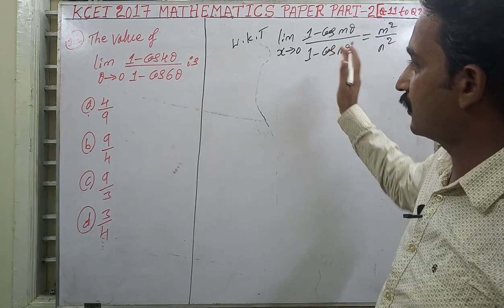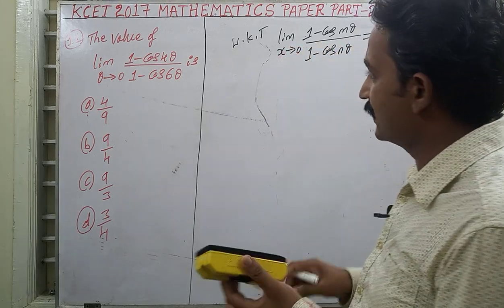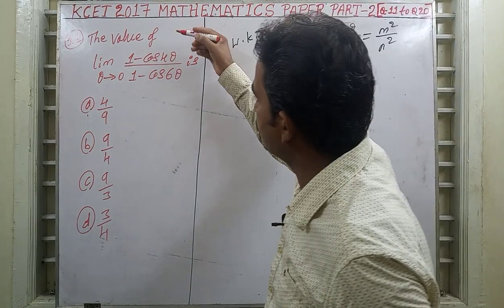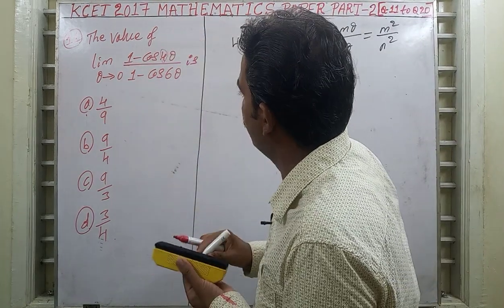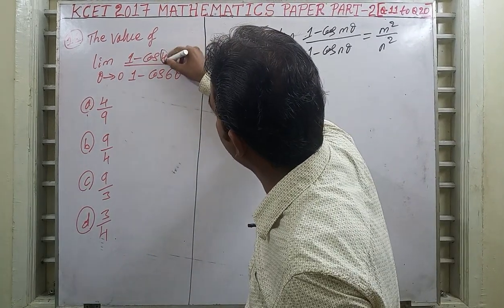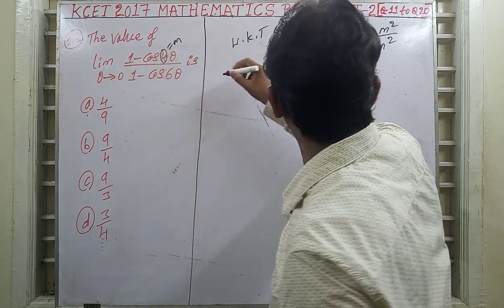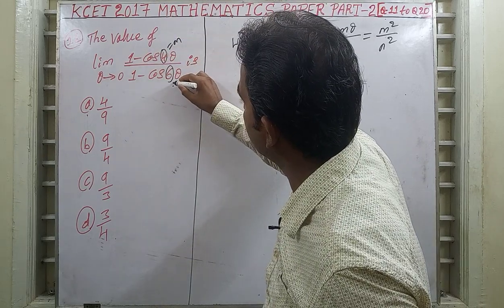So using this shortcut method, in the place of m we have 4, and in the place of n we have 6.